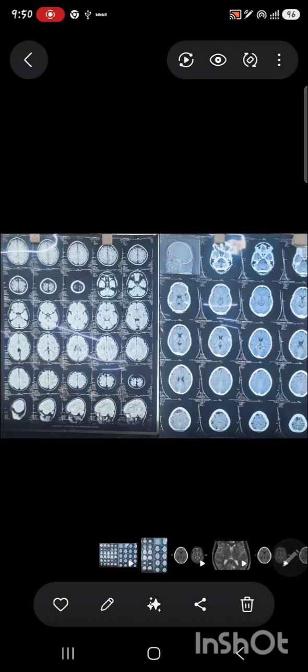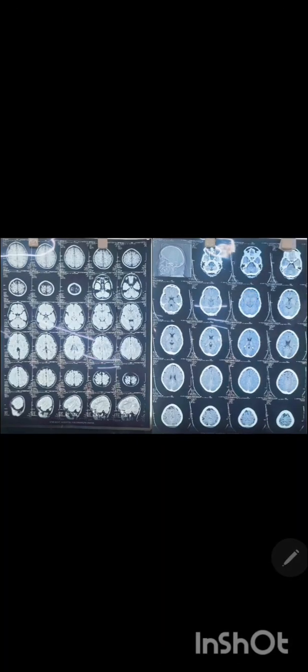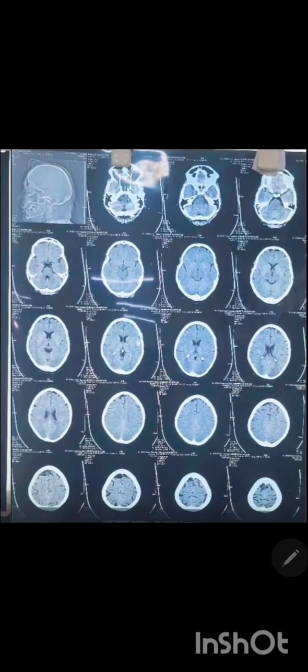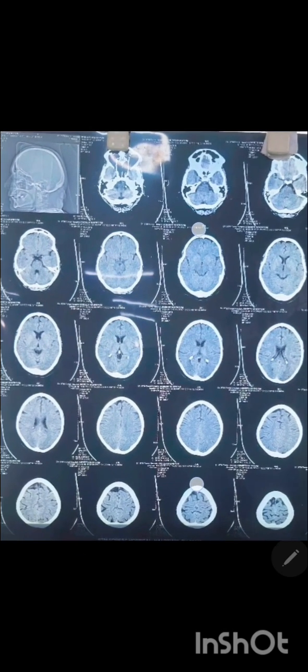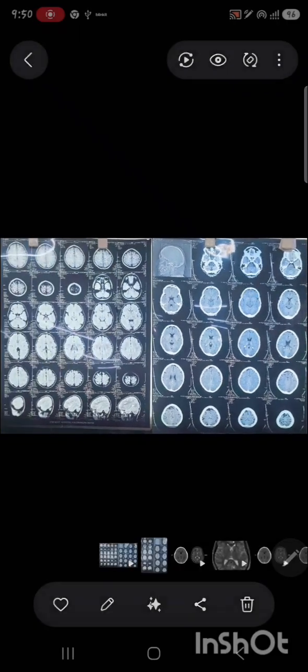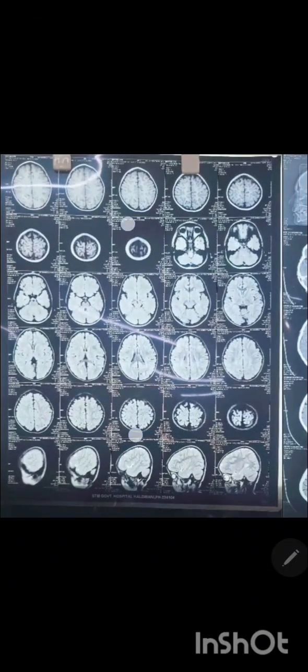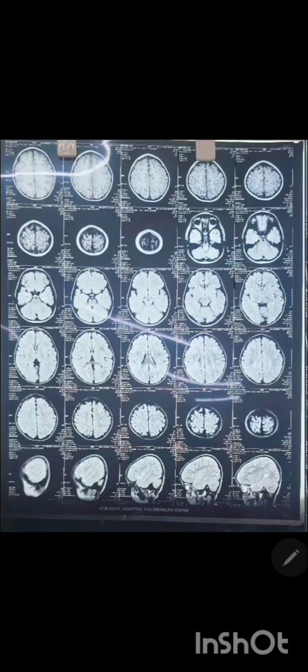On the basis of speed of this scanning, between CT and MRI, the CT scan is very fast, typically almost 5 to 10 minutes, but the MRI is slower, meaning it takes more time, often 30 to 60 or 70 minutes.